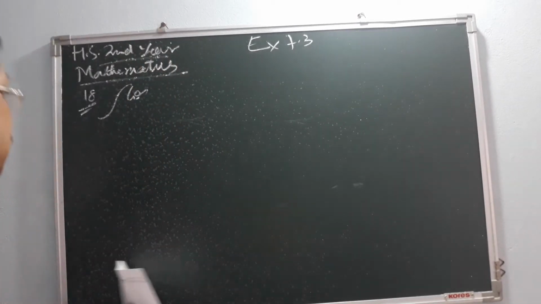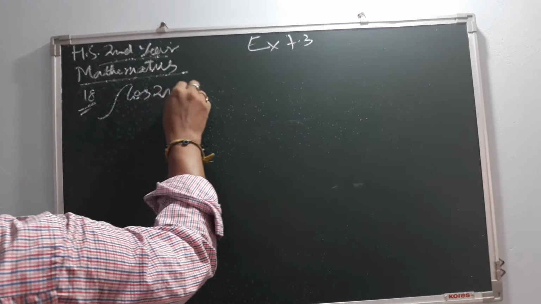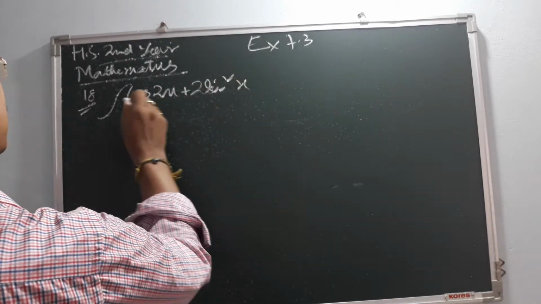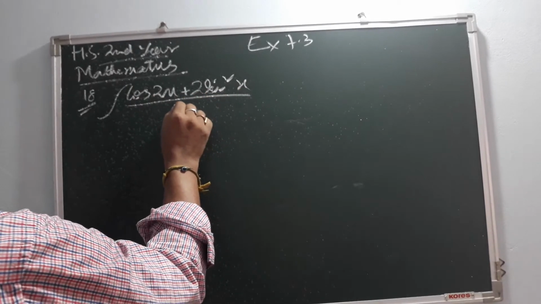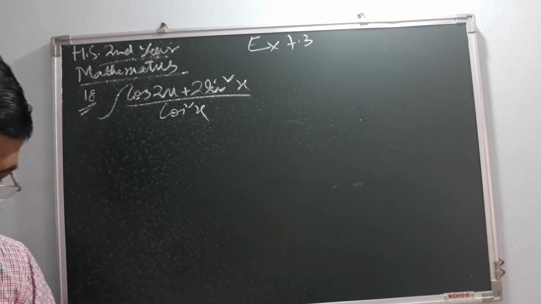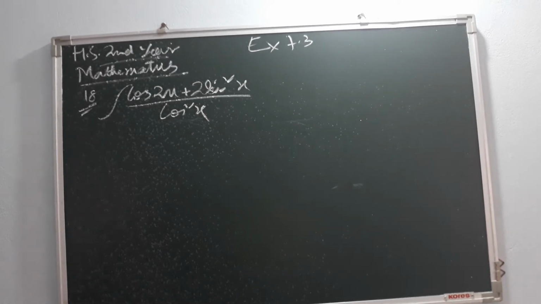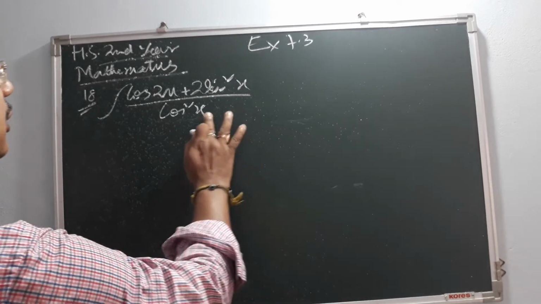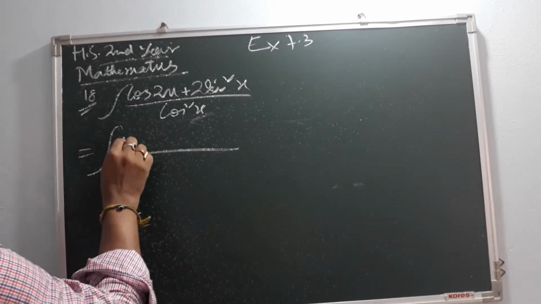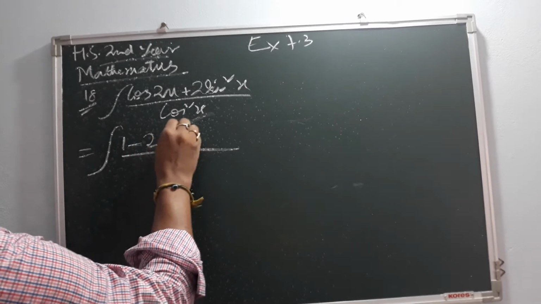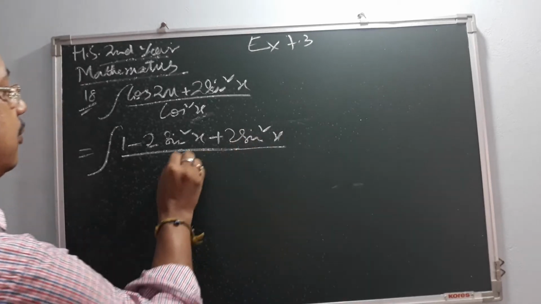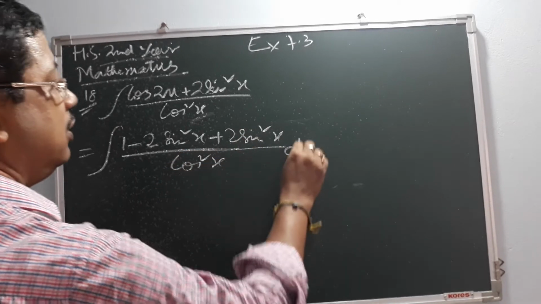Now we are going to do here the integral of cos 2x plus 2 sin square x divided by cos square x. So see how to do this one. When you get this type of sum, automatically you will apply some technique. Cos 2x you break into 1 minus 2 sin square x, plus 2 sin square x, divided by cos square x, dx.